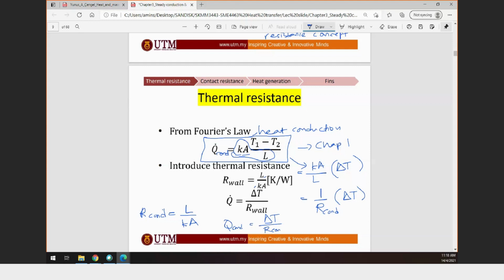In the slide I put R wall, but it can also be written as R conduction, because R wall is basically R conduction. So the concept of the thermal resistance can be derived from the original calculation of the heat conduction equation.